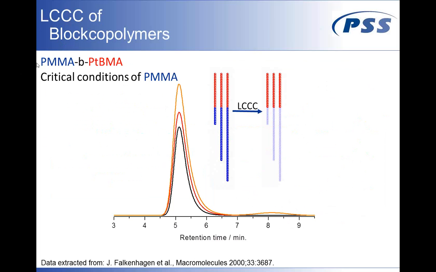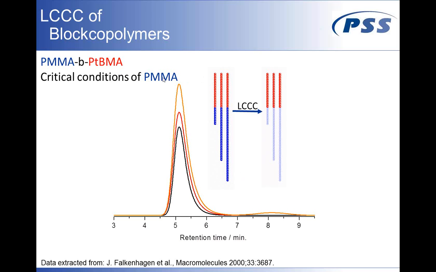What she did is she investigated block copolymers of PMMA and tertiary butyl methacrylate, at critical conditions of the PMMA, which is now shown in blue. You have these kinds of molecules. She had block length of the TBMA identical, and the length of the PMMA block was different.